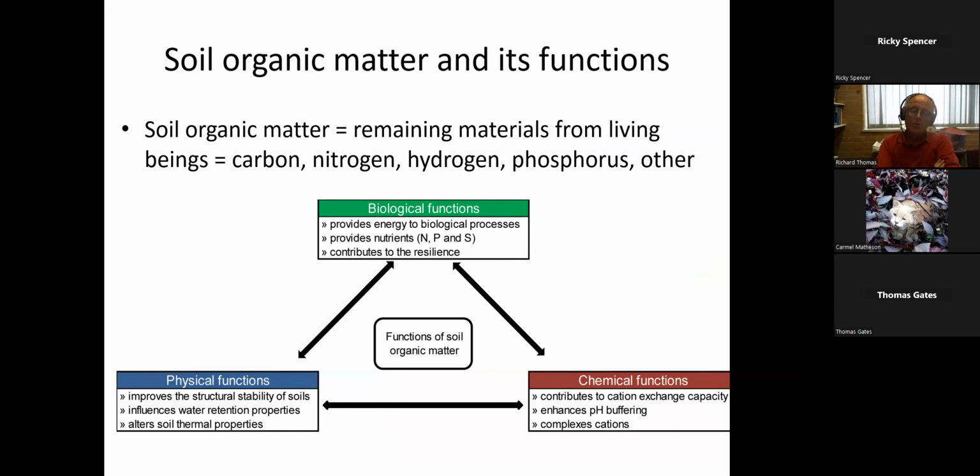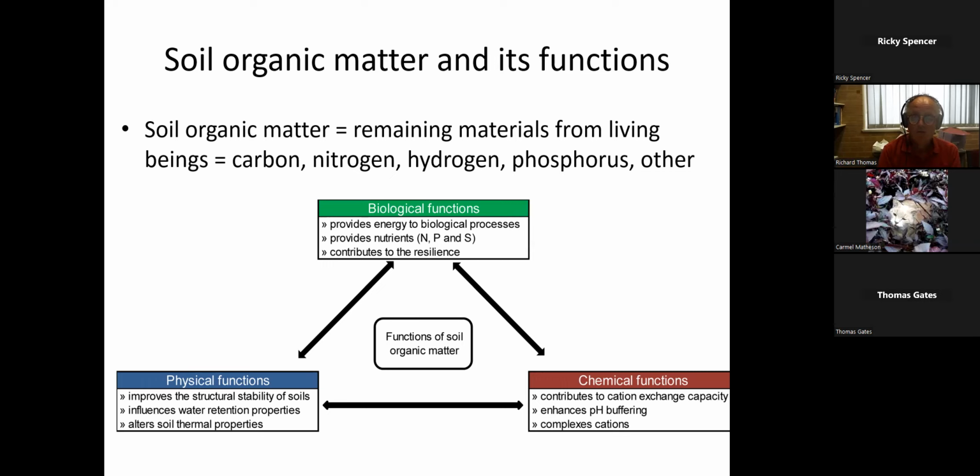Okay, now soil organic matter is everything that's not inorganic in there. The inorganic part is the silicates and the aluminiums and the metal ions. The organic part is the carbon, hydrogen, nitrogen, phosphorus, and other things, which if you look on the periodic table are up in the top right-hand corner. They're the basic forms of nutrients that the plant requires.